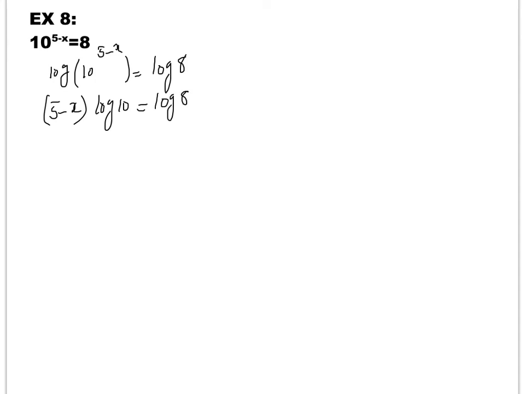But if you use a calculator, you will see that log 10 is going to be equal to 1. So this is 1. So you get 5 minus x is equal to log 8. I move log 8 to the left and negative x to the right. I get x is 5 minus log 8, which is approximately equal to 4.09.